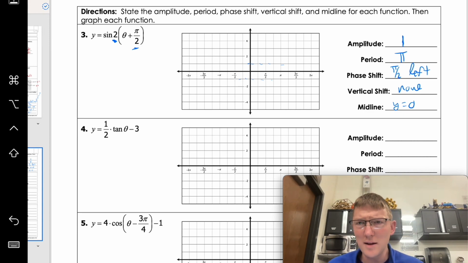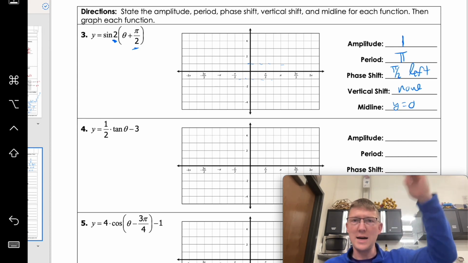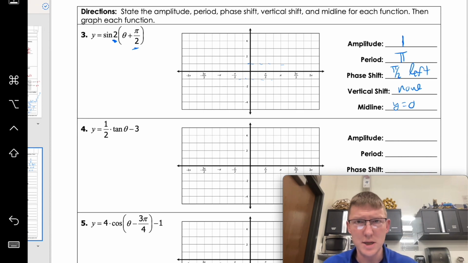And basically, since it's a phase shift to the left, I'm thinking of first my sine of 2 theta. If I can figure out where the highs, lows, and where it crosses the midline, then I should be good to go. So normally, let's see here, sine of 0.